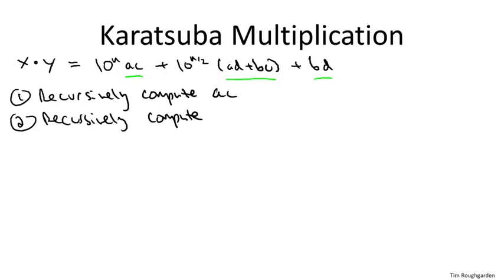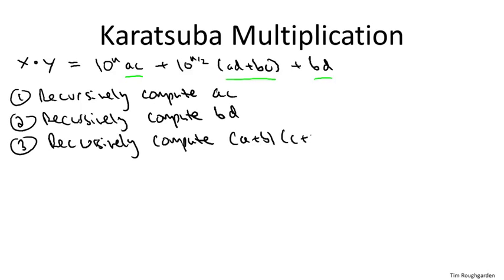The third step is the clever one, where we recursively compute the product of quantity A plus B with C plus D. Now, expanding, what are we going to get when we recursively compute this product? We're going to get AC plus BD plus AD plus BC.